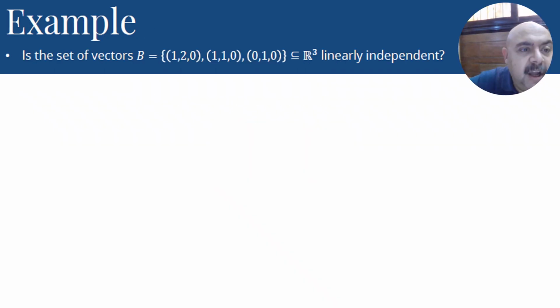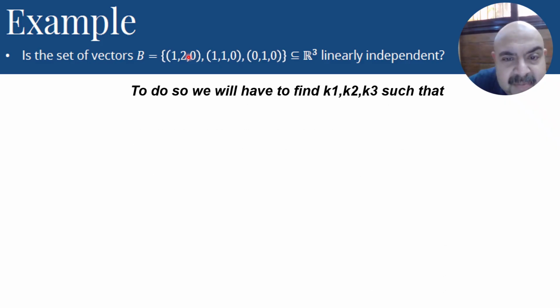Okay, the set of vectors B, same way, I want you to check the linear independence. And it's also very simple. All I have to do once more is to form the system that we spoke about in the previous slide. So I would go for K1 V1 plus K2 V2 and so on, equal to 0.